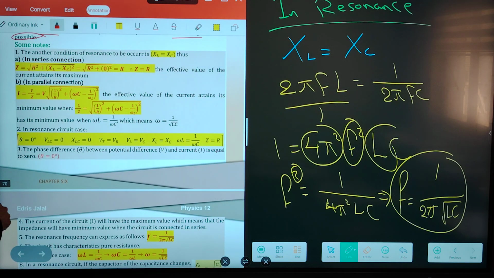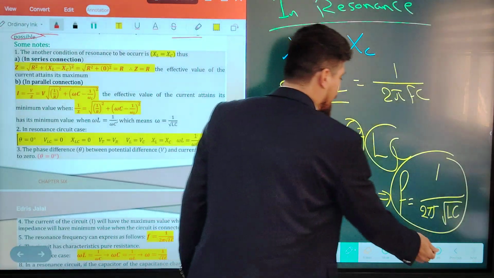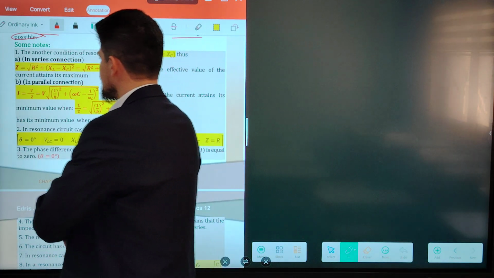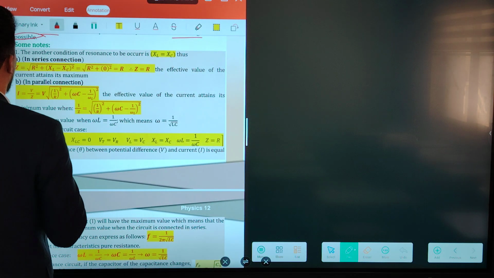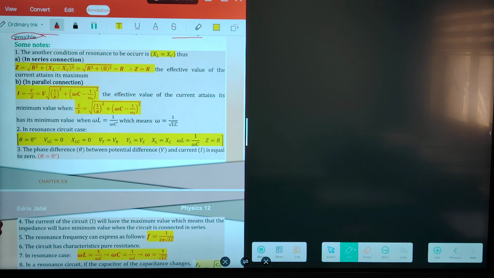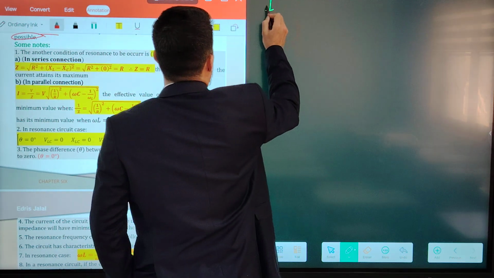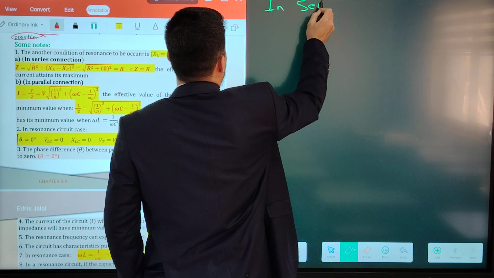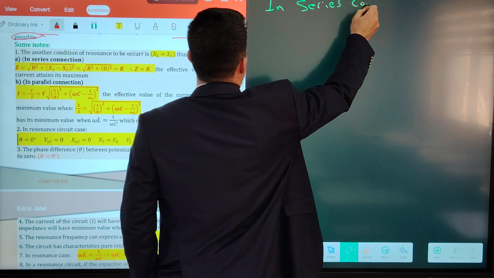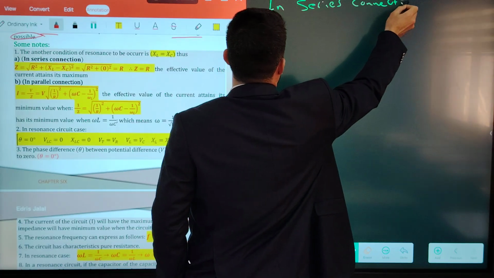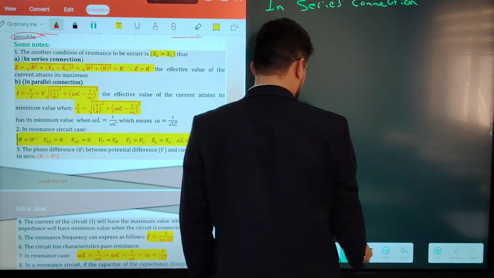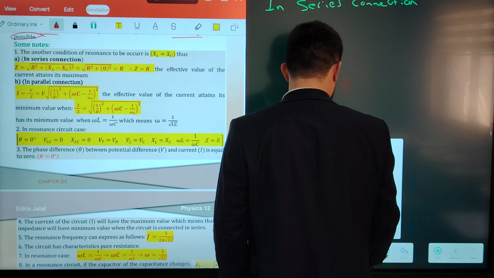Okay? Guys, we have some important notes or tips about resonance. Another condition for resonance to occur is XL is equal to XC. Okay? In series connection, guys, look.